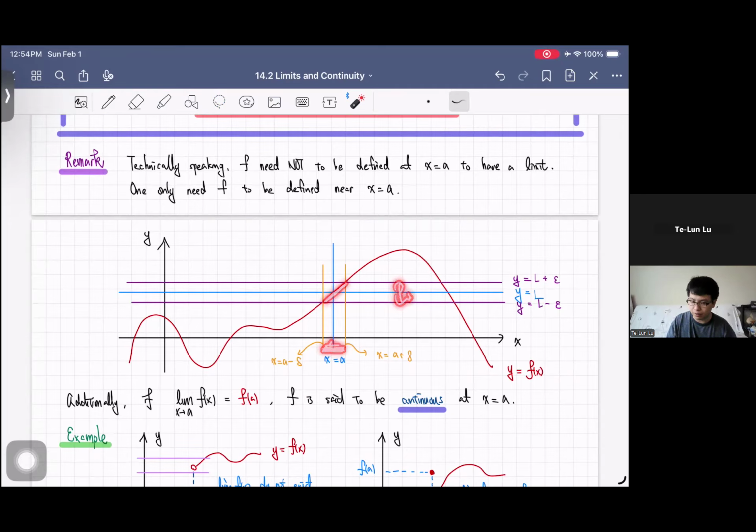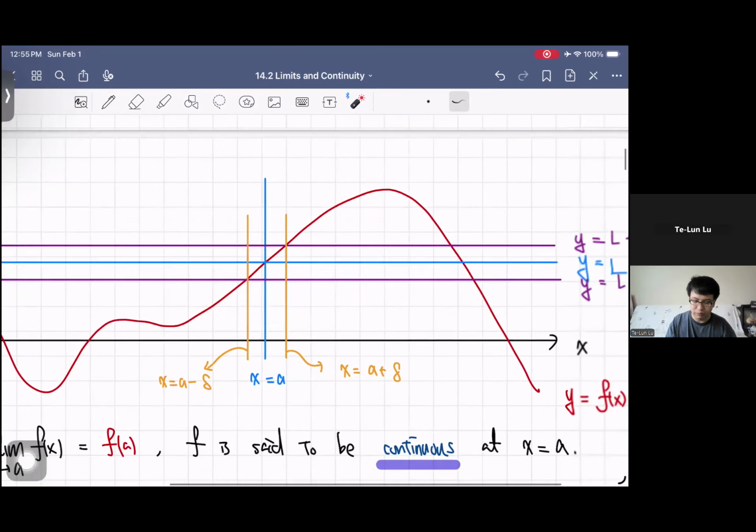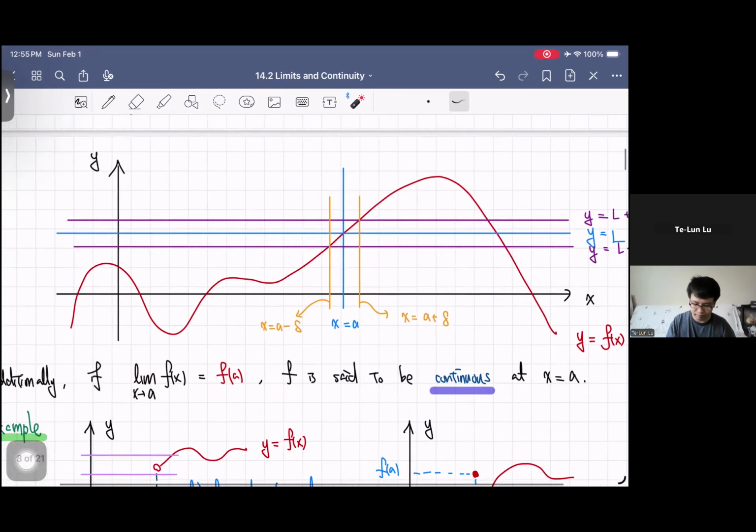And you can see in my graph that however small you shrink these two, you can still get a smaller interval which satisfies the definition, right? So basically, we're saying that every value of f near a looks like L. Okay, so this is what it graphically means.